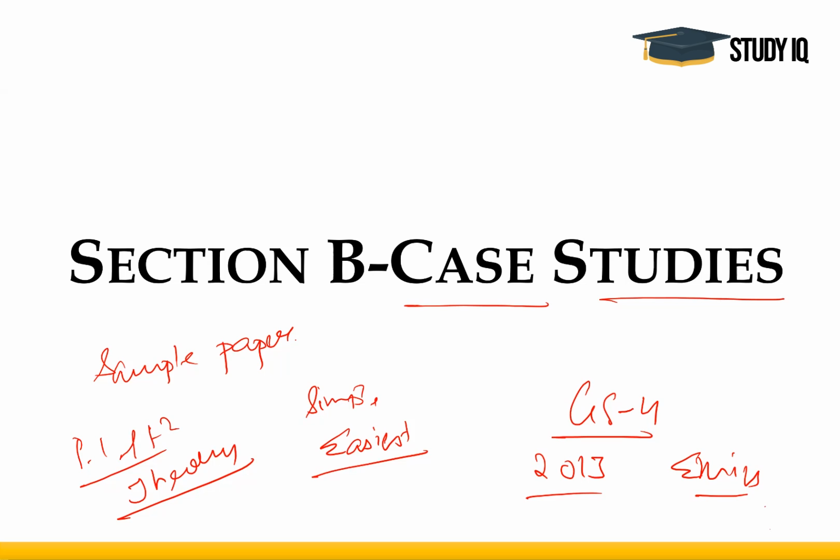So that is why this paper was very simple. Even the case studies were very simple, since they were mainly asked from the sample paper itself. The kind of case studies in the sample paper, similar case studies we can see in this paper.